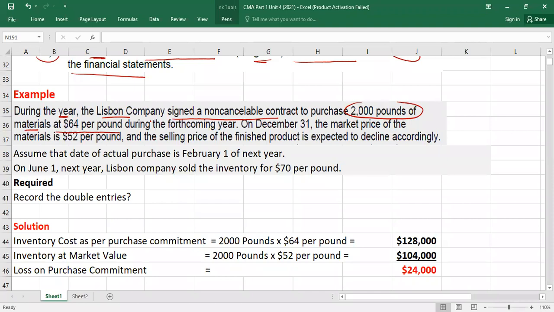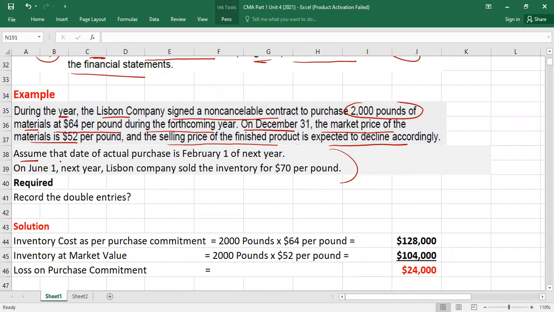And what is the price you have agreed? 64. During the forthcoming year, this purchase will be done in the upcoming year. On December 31st, we are assuming this is our year end, the market price of the material is $52 per pound. And the selling price of the finished product is expected to decline accordingly. It's just a statement, additional information we also need to keep in mind.